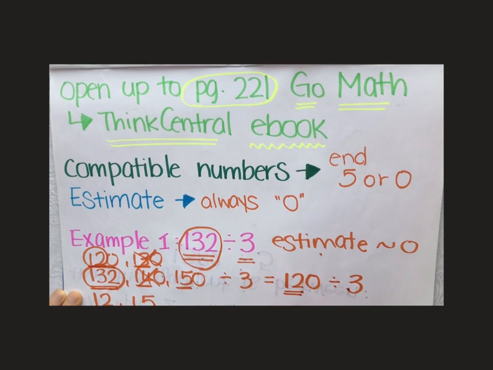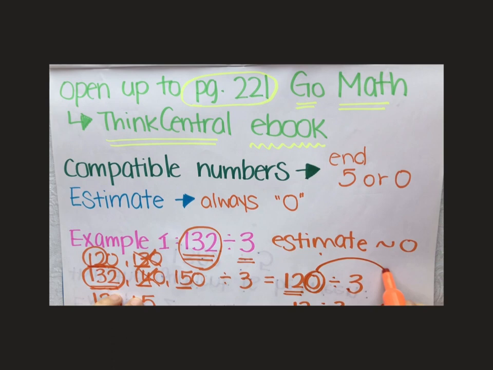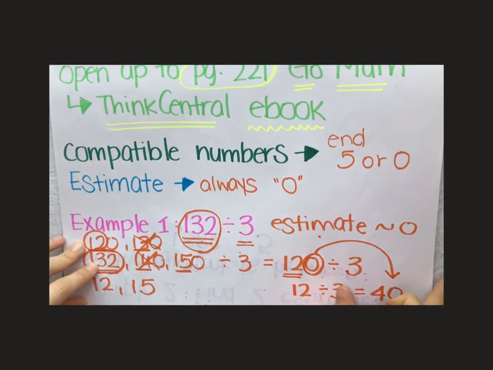I know that 12 divided by 3 gives me 4. Remember that 0 that we kindly ignored in the beginning? Bring it over. And my estimate is 40.